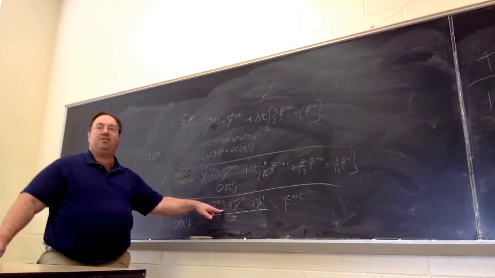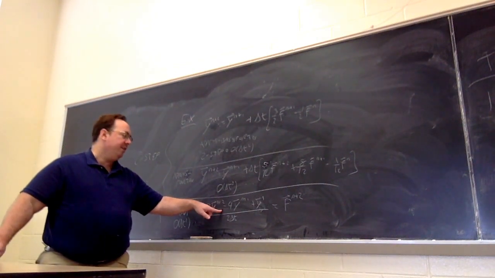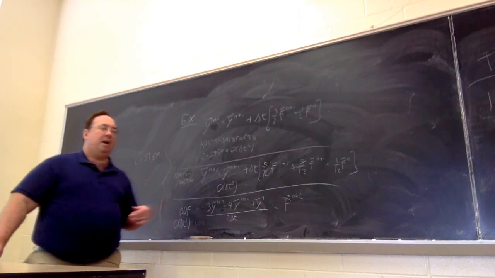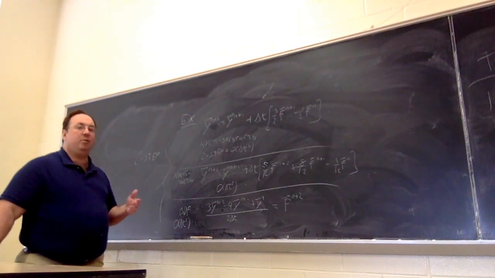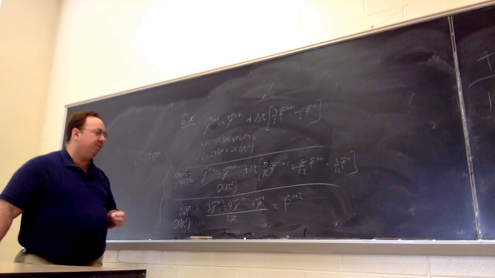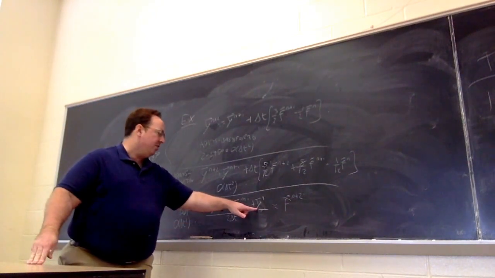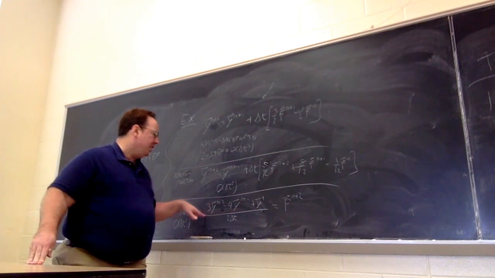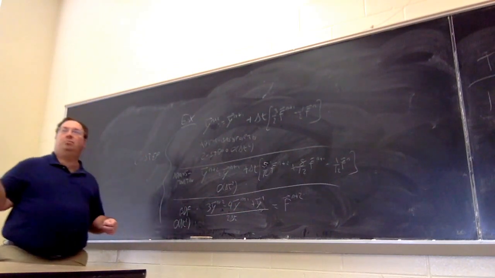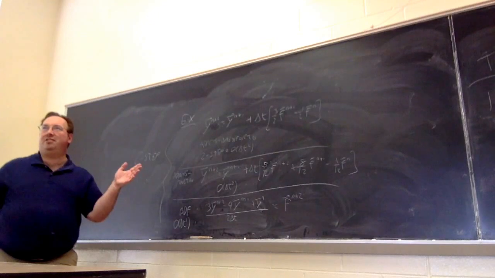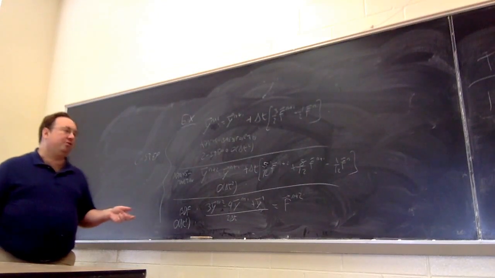This is a stencil for the first derivative using a second order backward difference. So we're evaluating a derivative at x naught using values at x naught minus h and x naught minus 2h. It's kind of like the problem on homework 1 where you had a non-symmetric stencil for a second derivative. This is for a first derivative.